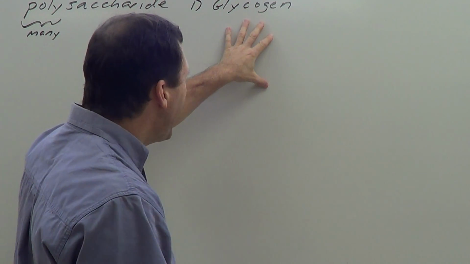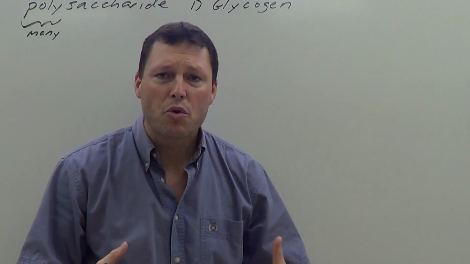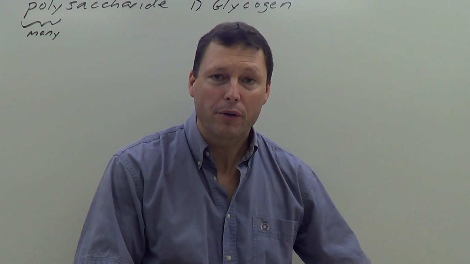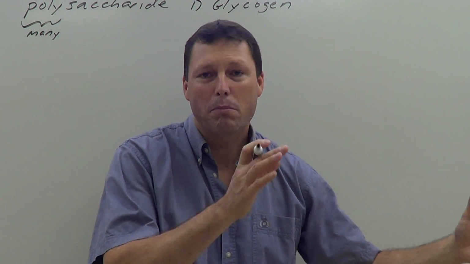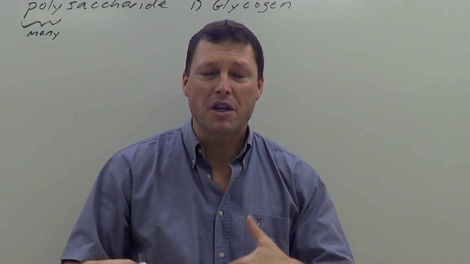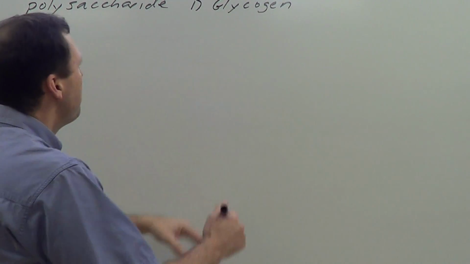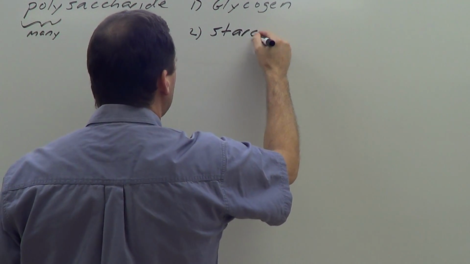And this is how animals store sugar longer term, for more than a day or so. They're going to put it in the form of glycogen and store it until they need it. And then they'll break it down into glucose again and make it available for all the cells to use. Another important polysaccharide is going to be starch.